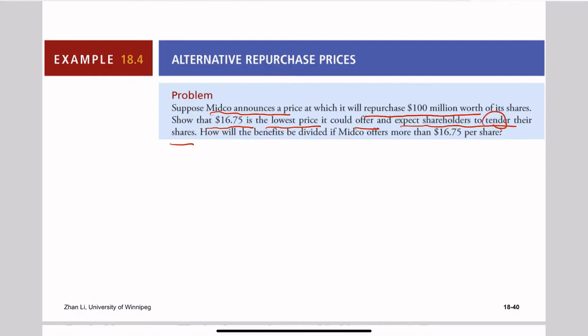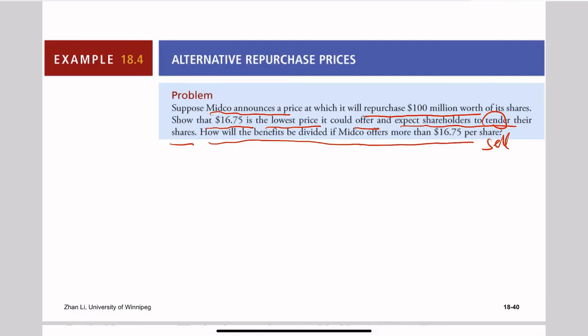Here tender shares essentially means sell shares. So this question says you have to show that 16.75 is the lowest price that shareholders are willing to sell their shares to the firm. And how will the benefits be divided if Midco offers more than $16.75 per share?